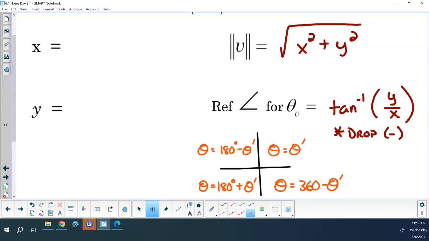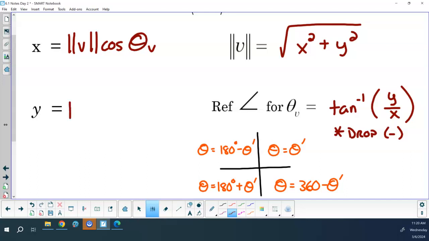Okay. If I have those two already, I can find the x part of my component form by taking the magnitude times the cosine of the direction angle.